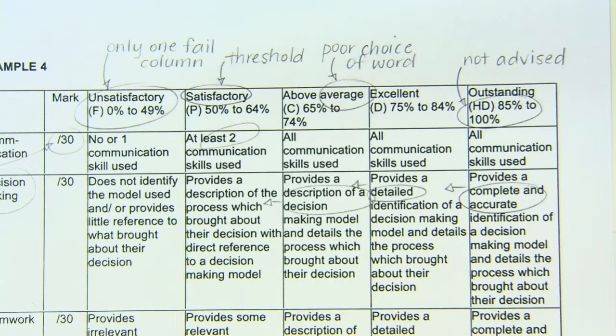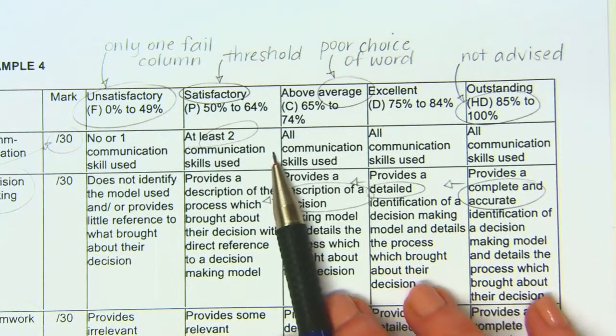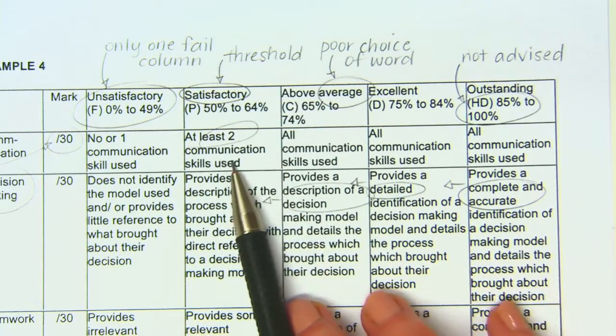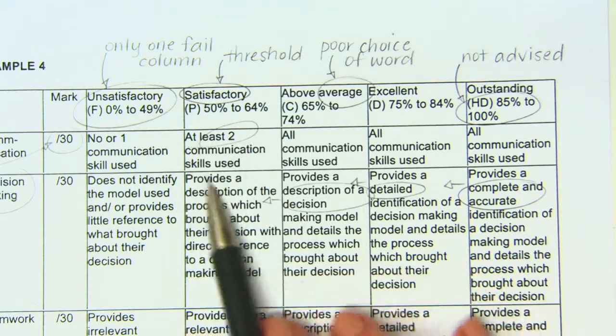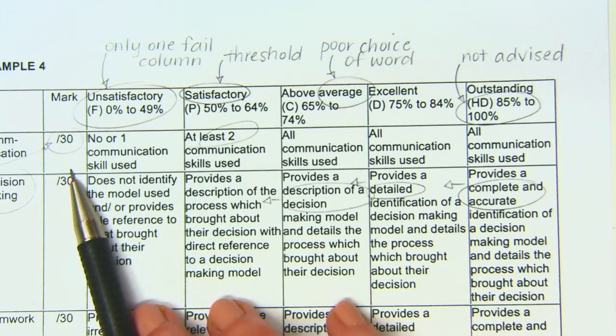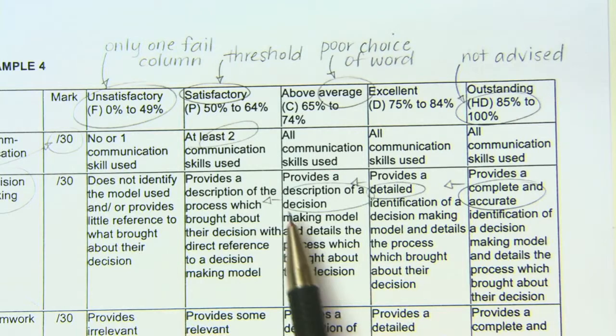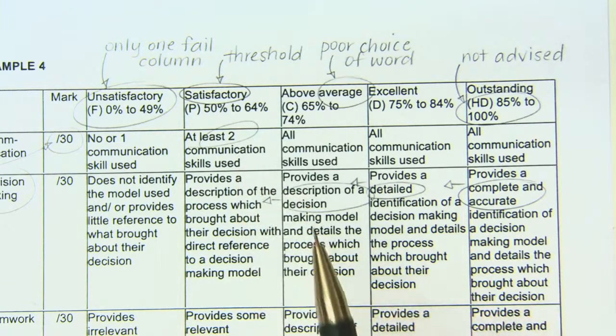If I missed 1 communication skill, I will get between 50 and 64% of 30. That's a very hefty penalty for a student if they missed 1 communication skill. That makes sense, doesn't it?